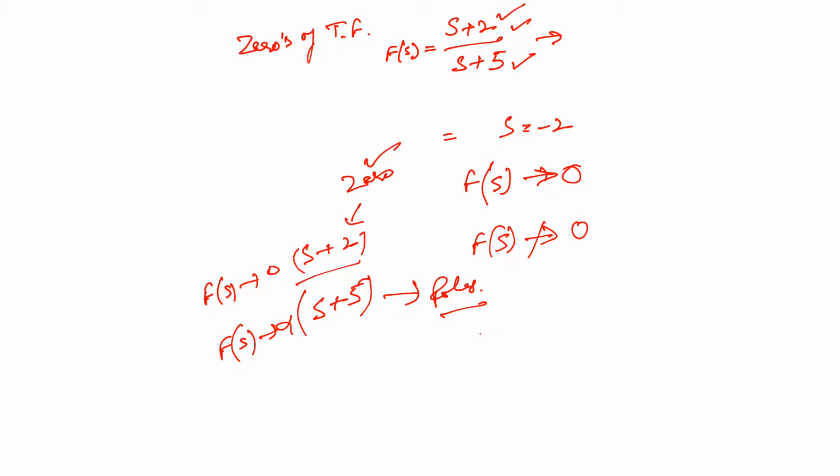However, if there are common factors which are cancelled, they are still called poles and zeros.